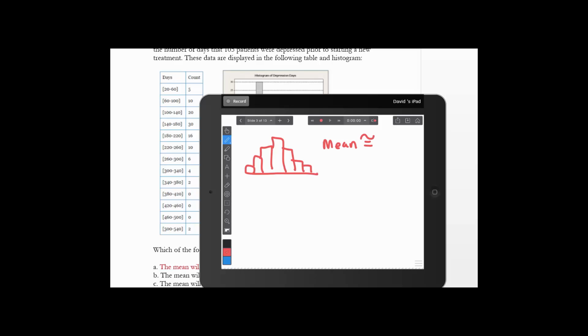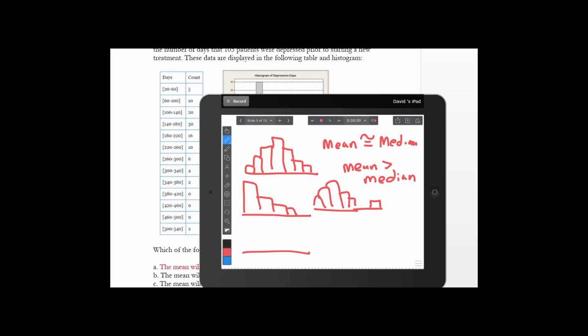If you have something that is skewed to the right, or something that has an outlier, an extreme value over here, the mean will be greater than the median.